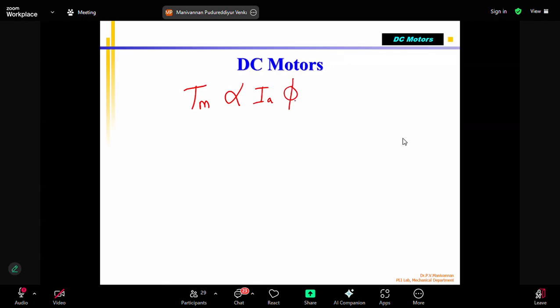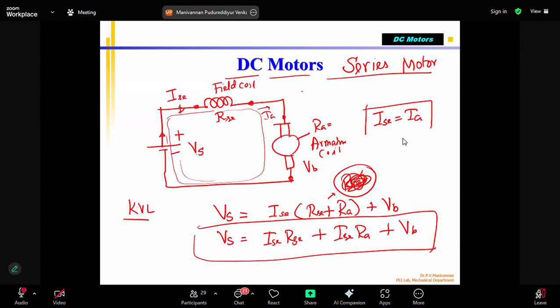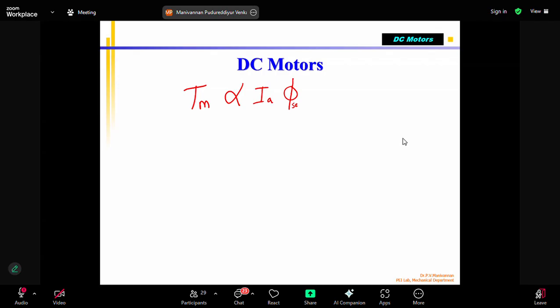Phi means the magnetic field created by the series coil, which is the field coil. The field coil is connected in series, that's why we call it a series coil. But actually it is a field coil that is in the body of the motor, and the armature coil is on the rotating part.